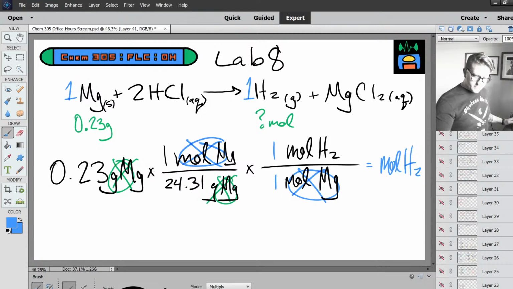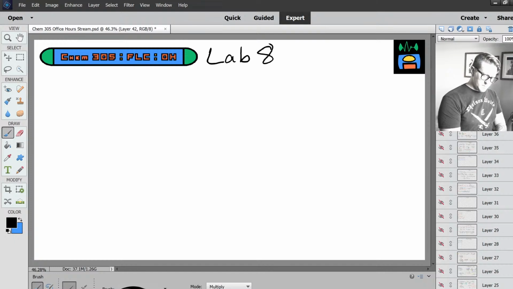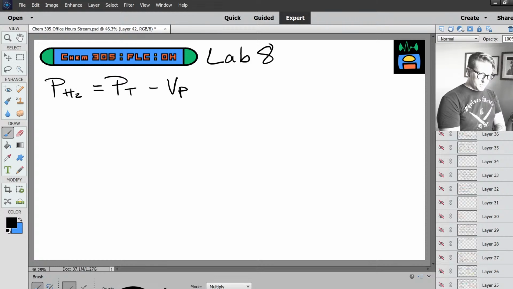Okay, so still doing some lab 8 stuff. You already saw me go through the derivation that the partial pressure of hydrogen is equal to the total pressure minus the vapor pressure of water. So just pulling things, our total pressure, atmospheric pressure, was 765.6 millimeters of mercury.